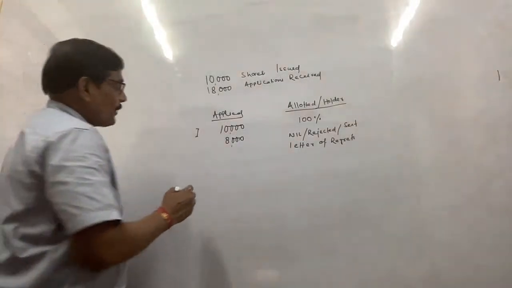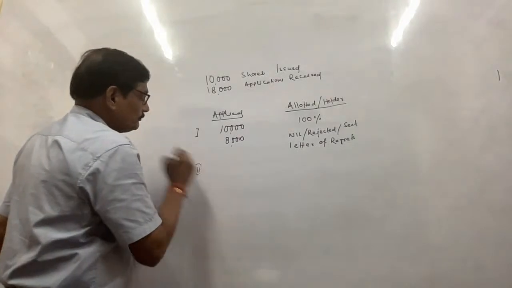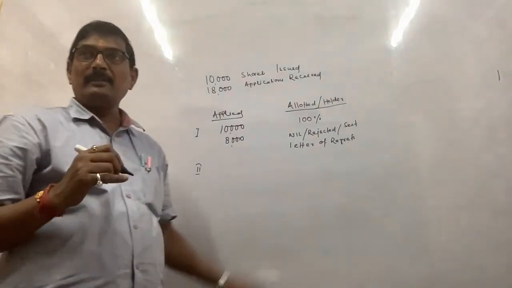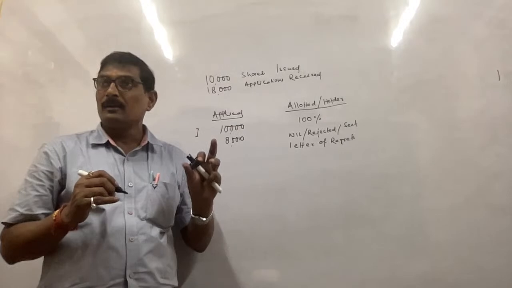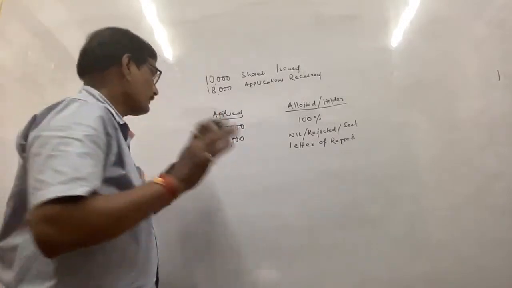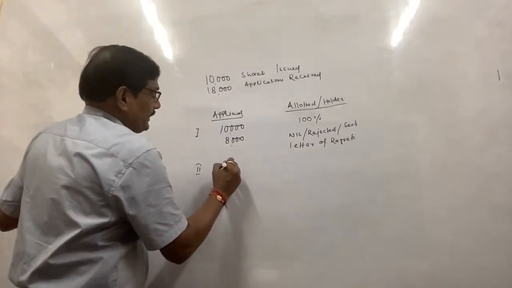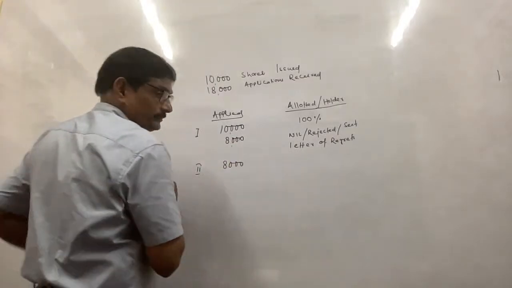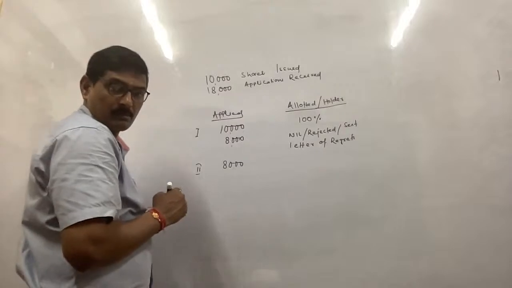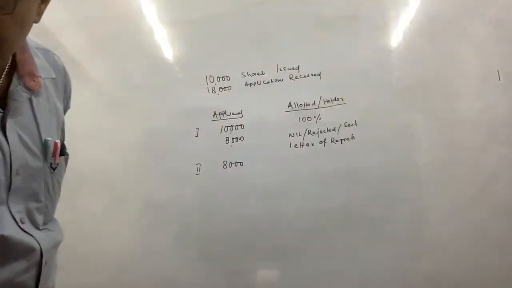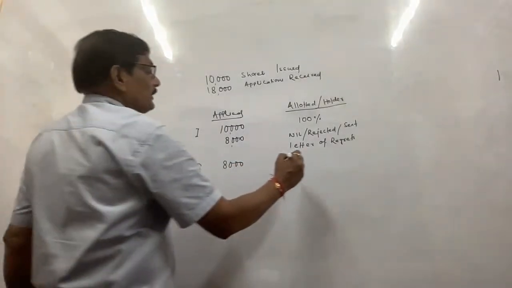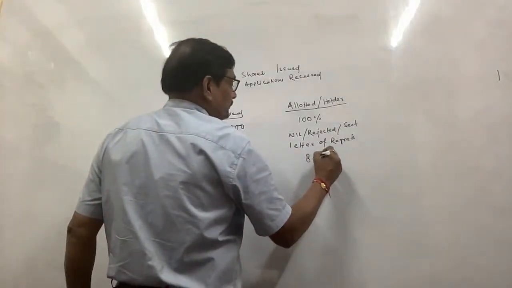Option number 2. Again, I am saying that this is the decision of the company. You need not do anything. Option 2, applied for 8,000, allotted 8,000.